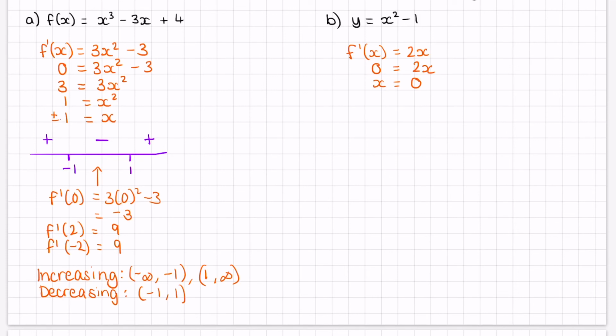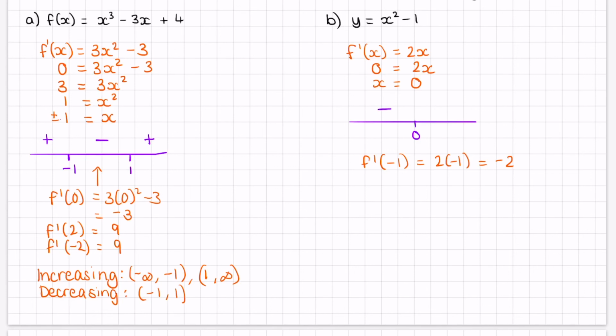So we draw a little sign diagram again, but this time we only have to put in 0, and we just want to pick a number above 0 and below 0 and put it into our gradient function. I'm going to pick -1 and put it into our derivative function, which will be 2 times -1, which is -2, so that is negative.